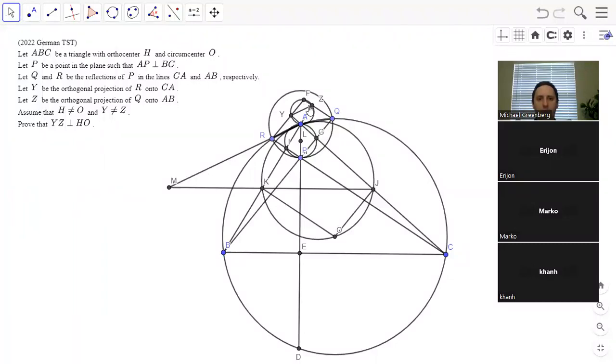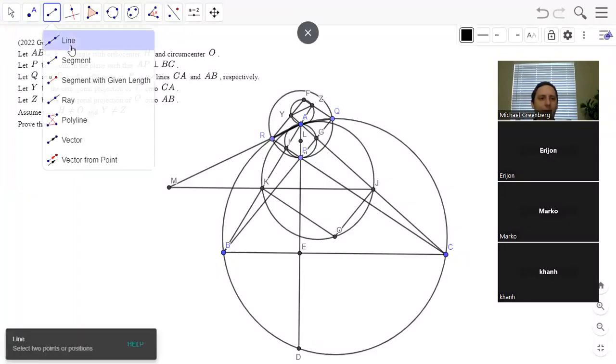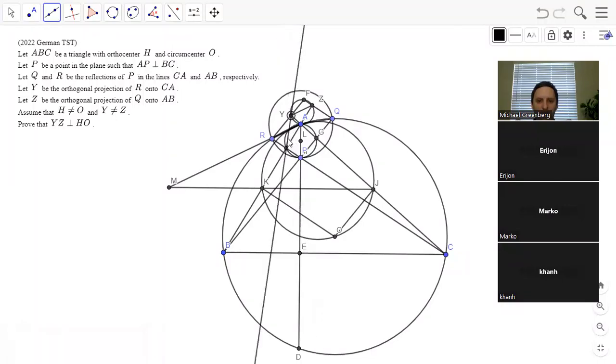I guess we have to show angle FYZ equals FRA. And FRA is YRA, which is YIA. So it's the same as showing that YI is parallel to AF. Interesting.